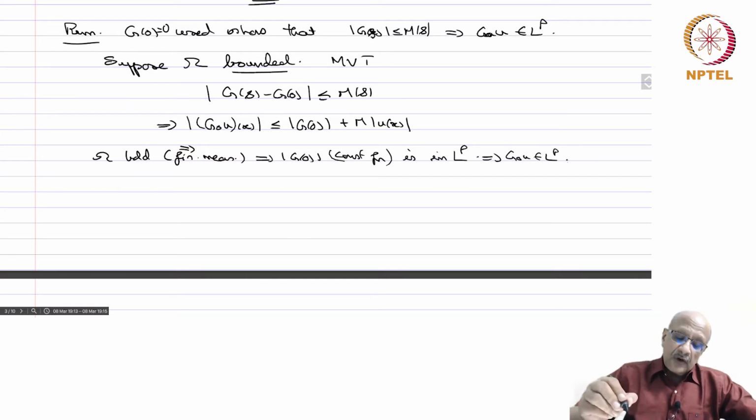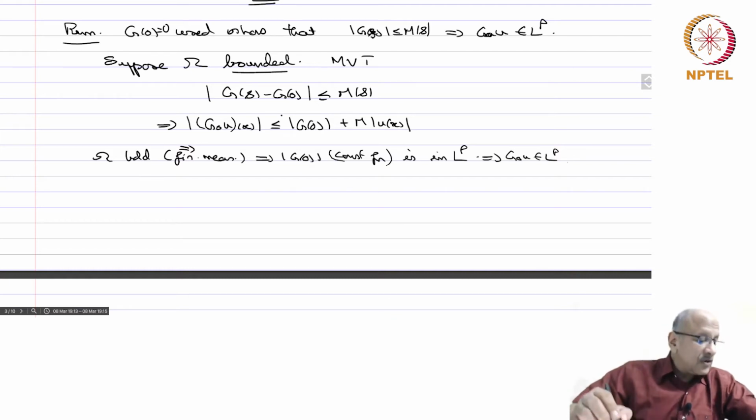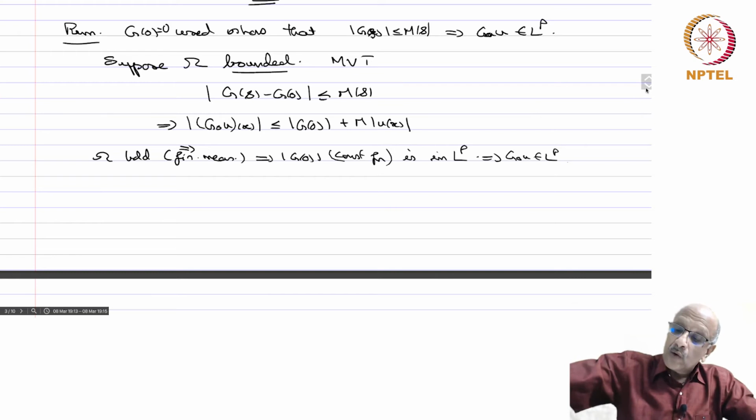Okay. So if you are in a bounded domain, then you can still use the chain rule without the hypothesis g of 0 equal to 0, which we are now going to do.